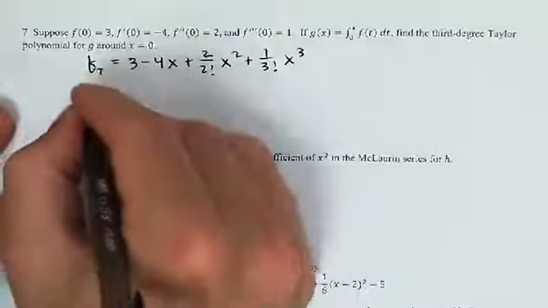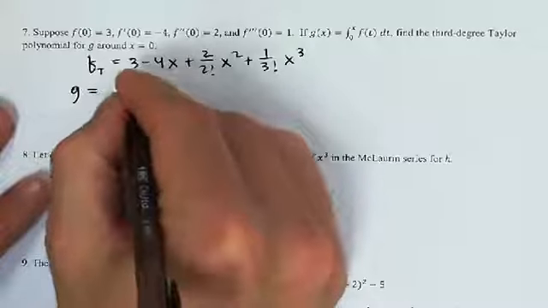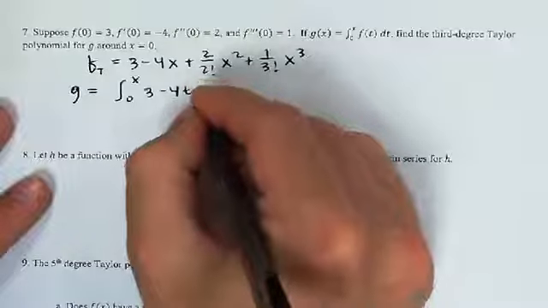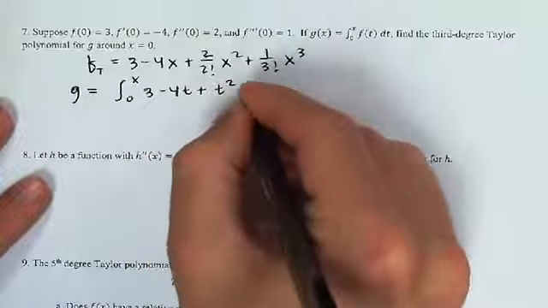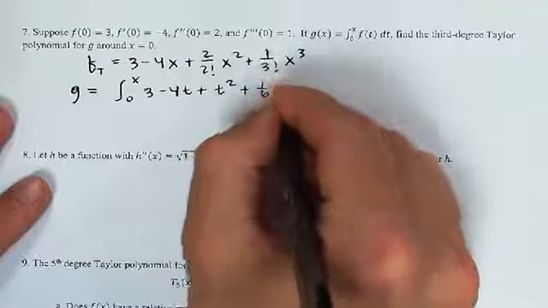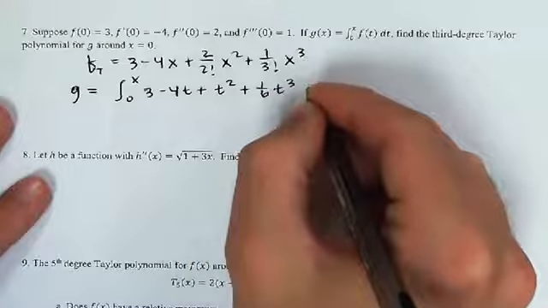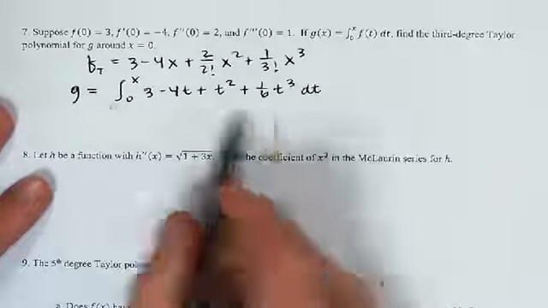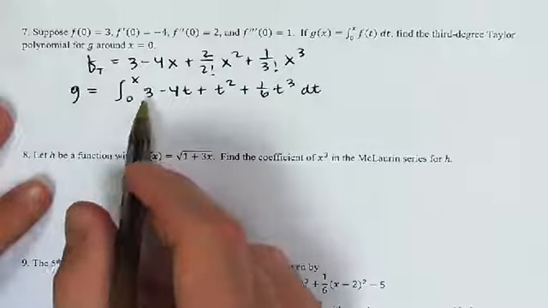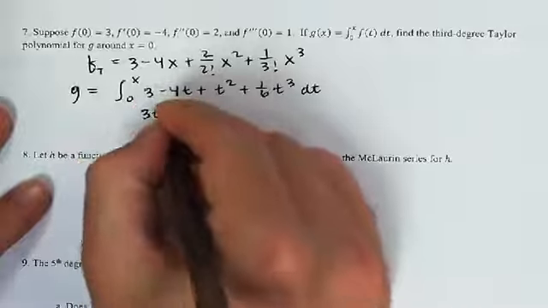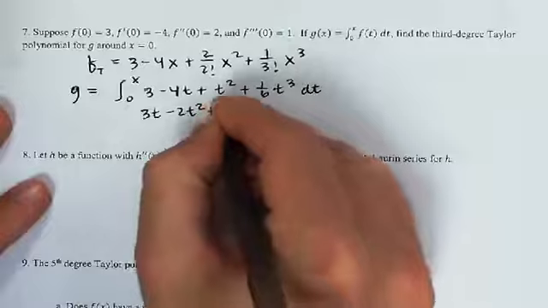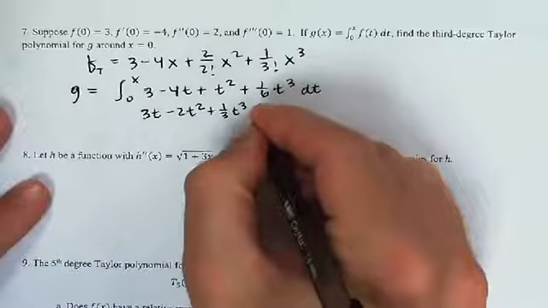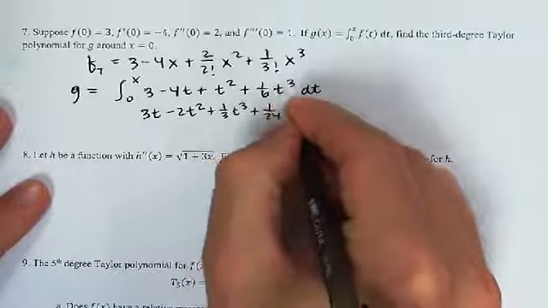Okay, when I go, I'm going to get an antiderivative. So that'll be 1 over 24 t to the 4.